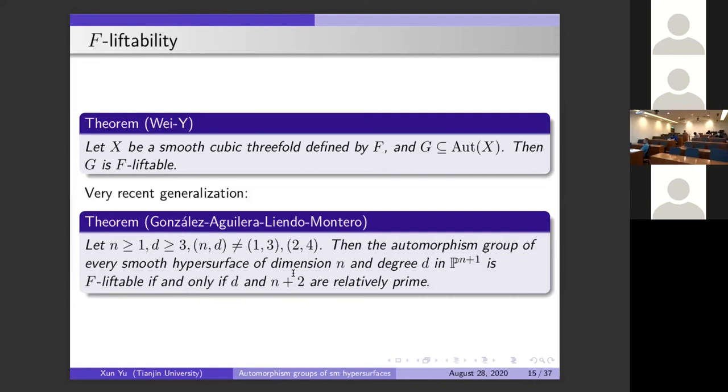So for example, in the cubic case, d is 3 and n plus 2 is 5, so 3 and 5 are relatively prime. So this is a consequence. And in the quintic case, d is 5, n is 3, n plus 2 is 5, so not relatively prime. So there are non-F-liftable ones.